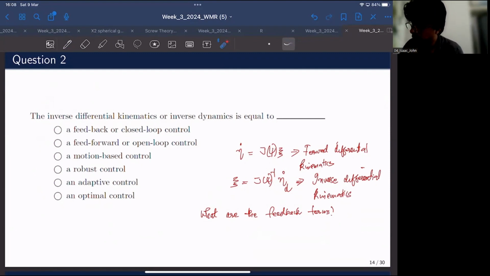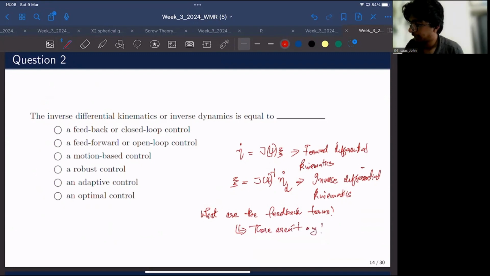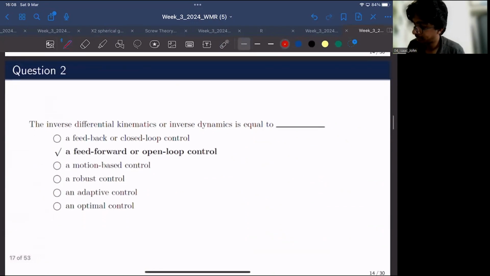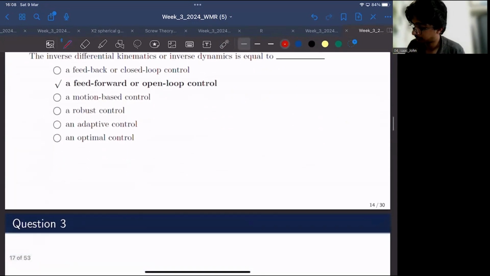So in that regard, there are no feedback terms. So that makes this a totally feed forward or an open loop control. This is the only valid option, so we'll check this answer. That is indeed the correct answer.